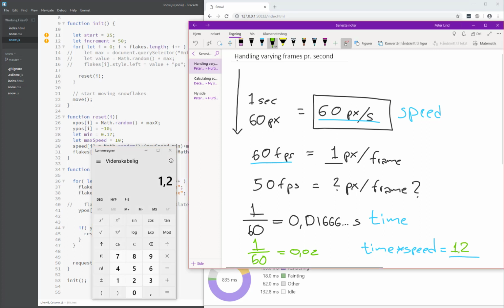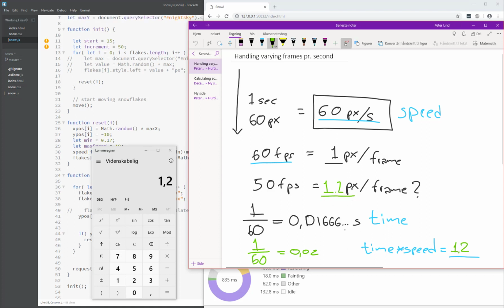I should write it right here. This would be our answer. 1.2 pixel per frame. So if I could get the time for each frame, then I could multiply that by the speed and get the distance I have to move the pixel in this frame.